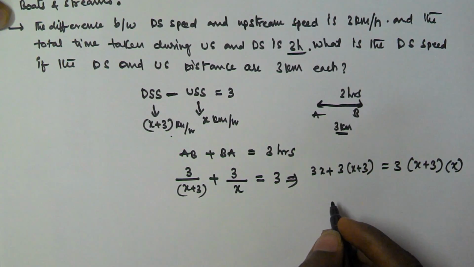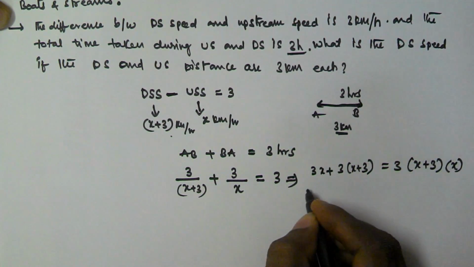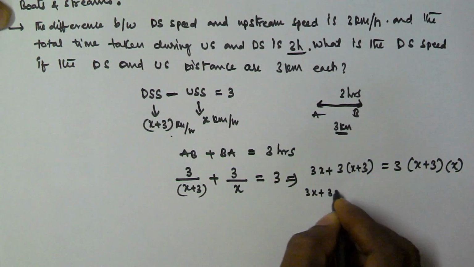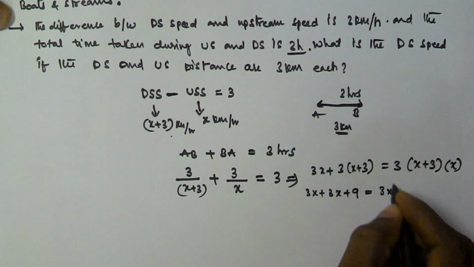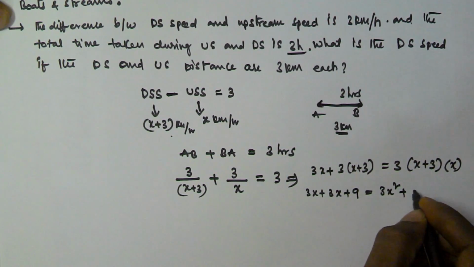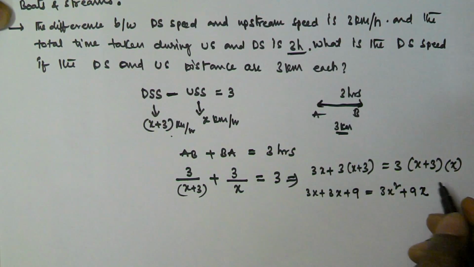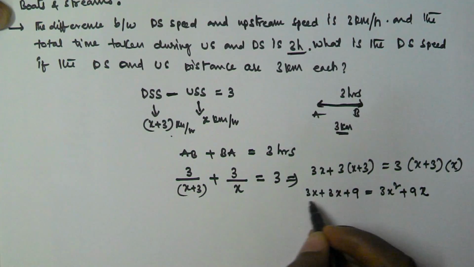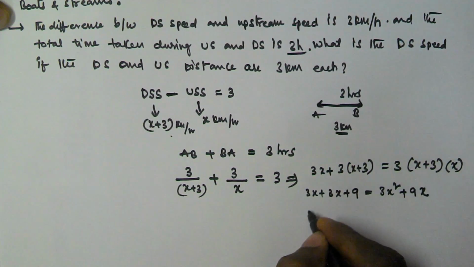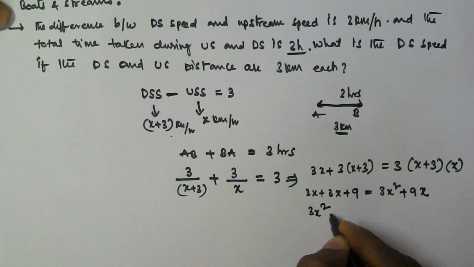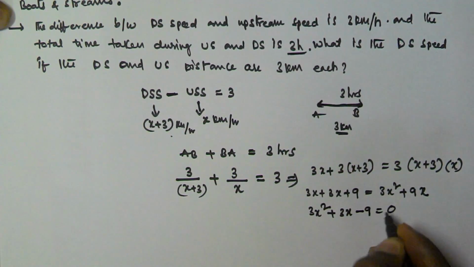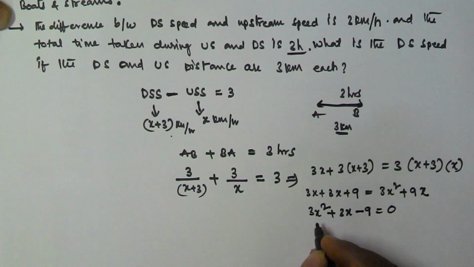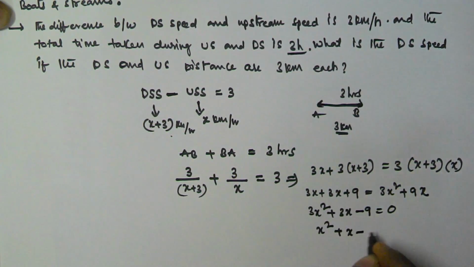So if we solve this equation, what we'll get? 3x plus 3x plus 9 equivalent to 3x square plus 9x. We take this to that side, so that is going to be 3x square plus 3x minus 9 equivalent to 0. We take 3 outside, so we get x square plus x minus 3.